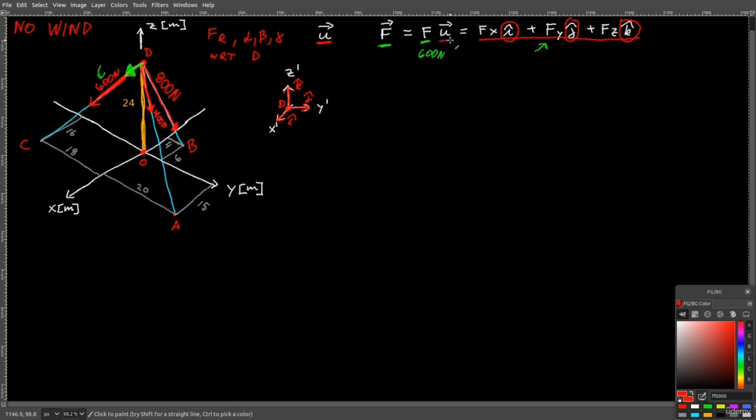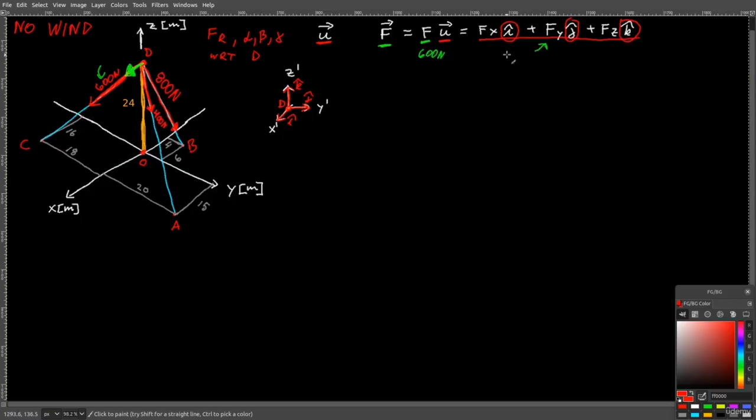And so you need this general unit vector for this force here so that you could go from 600 newtons, which is the magnitude of the force, to this format where your 600 newtons is decomposed into three components.